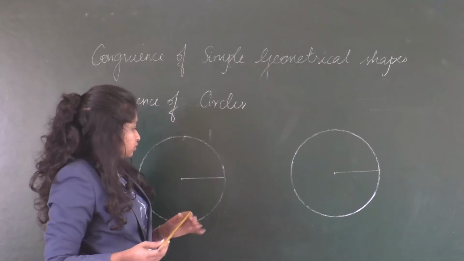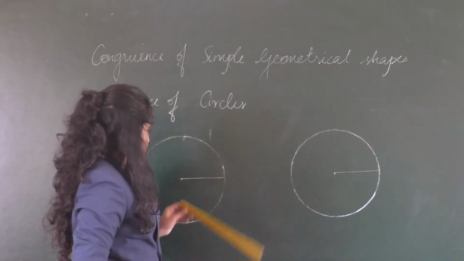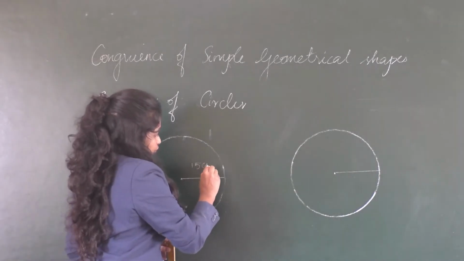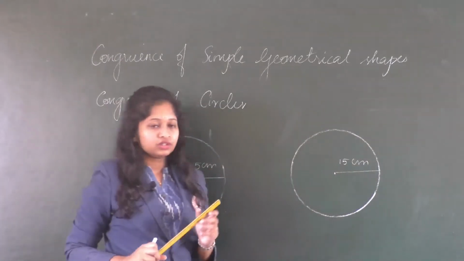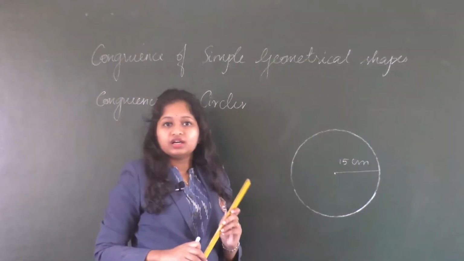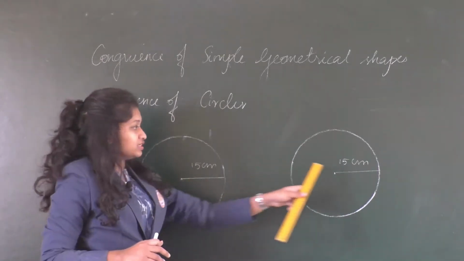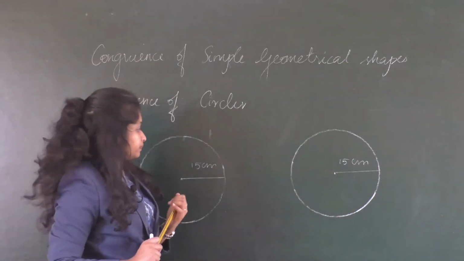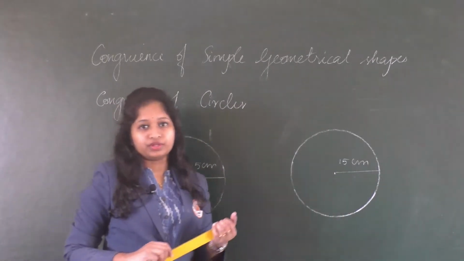Here I have drawn two circles of same radius, which is 15 centimeters. Okay, so both of these circles are of radius 15 centimeter each. That means both of these circles are congruent.